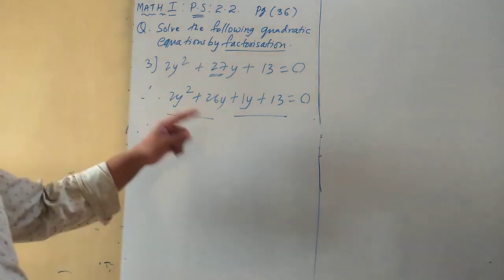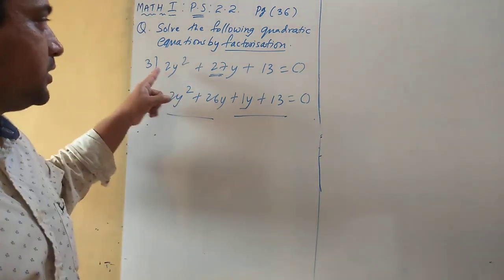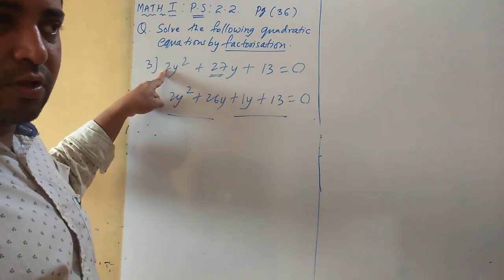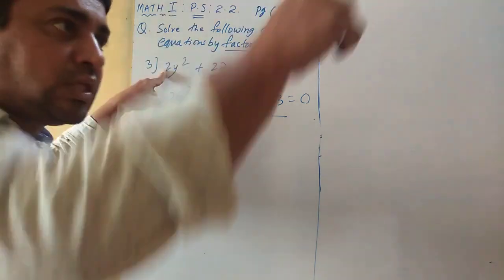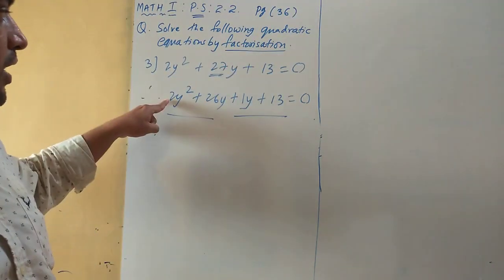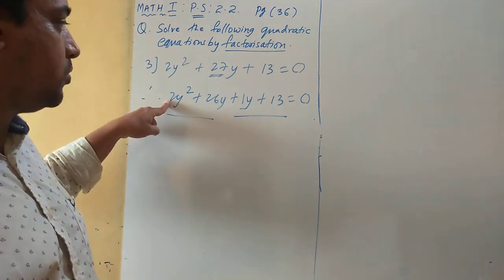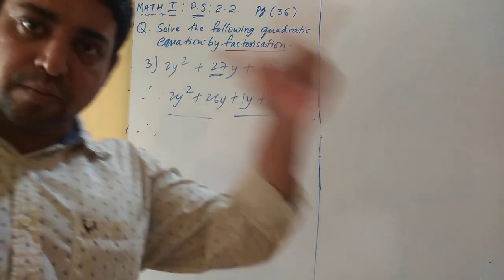Let's start here. Again, it will be a little different because we have a coefficient more than 1. In the previous sums the coefficient was 1, so we were finding only the variable common. Now, since a coefficient is present, you'll have the variable also common and the number also common.